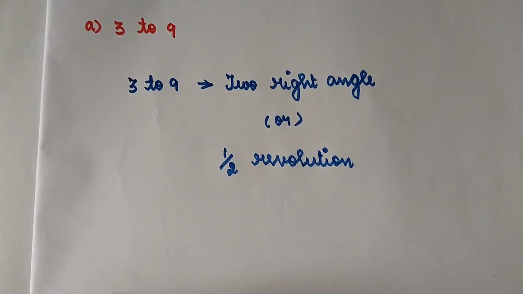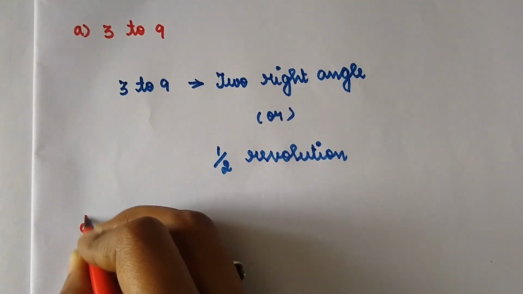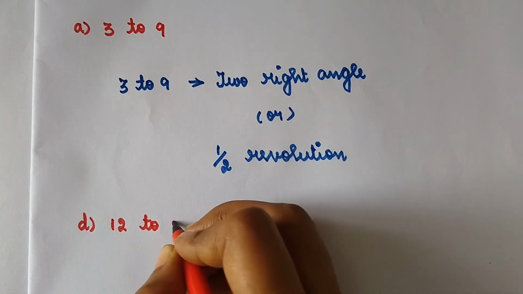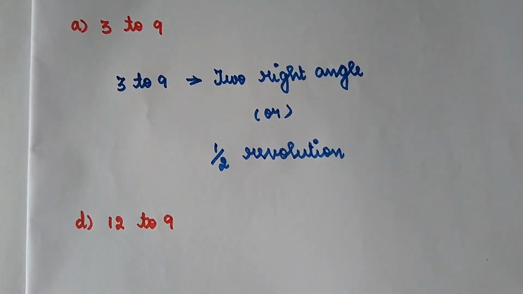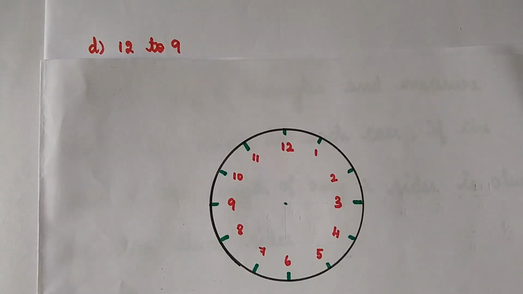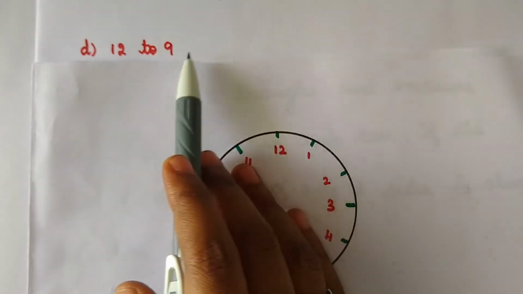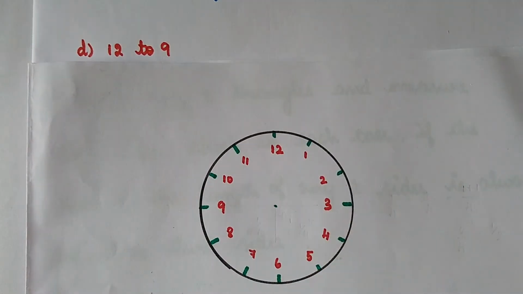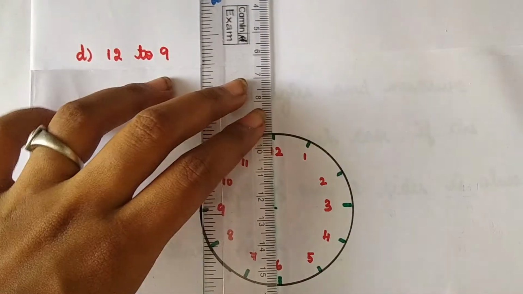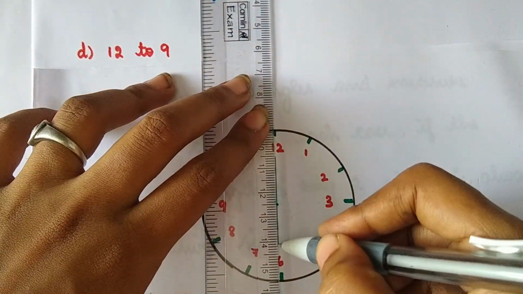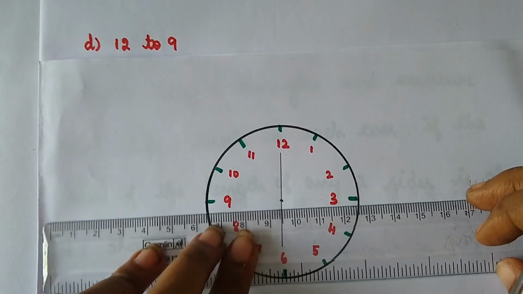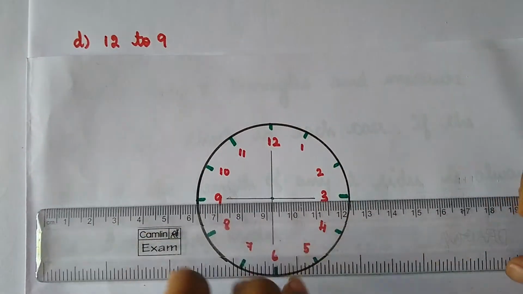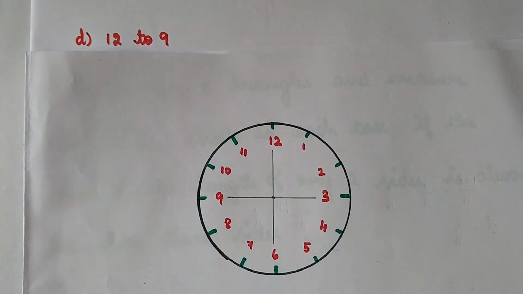Next, let's move to the D subdivision, that is 12 to 9. Here we move from 12 to 9. We have to find how many revolutions or how many right angles.